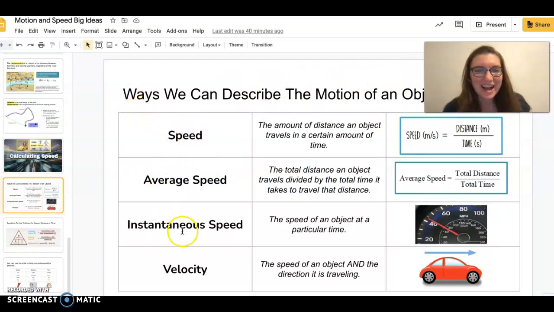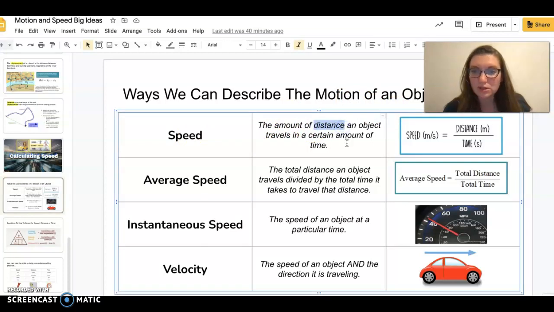Here are some of the vocabulary words that we can use to describe the motion of an object. Speed is the amount of distance an object travels in a certain amount of time. We can contrast that with velocity, which is basically the amount of displacement after a certain amount of time.